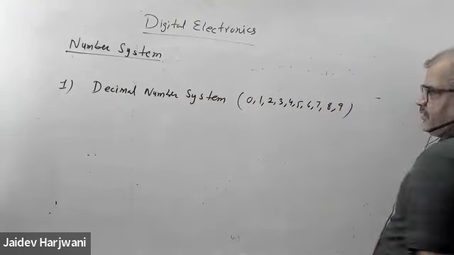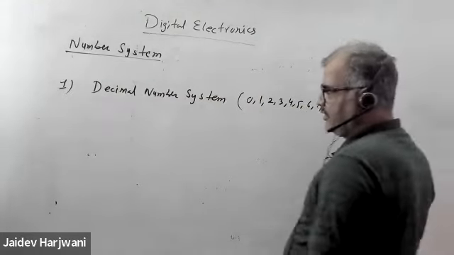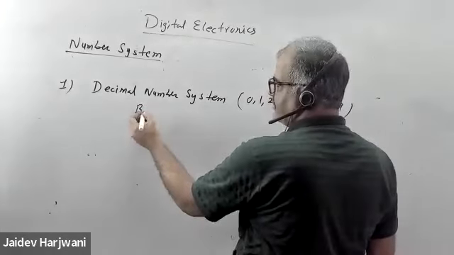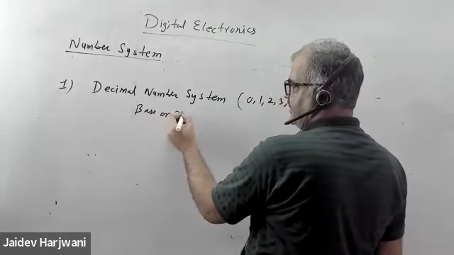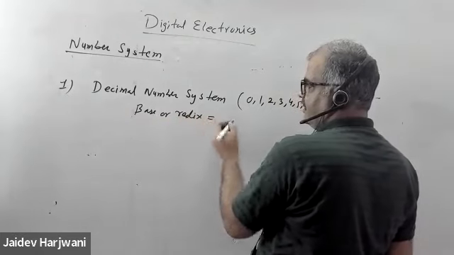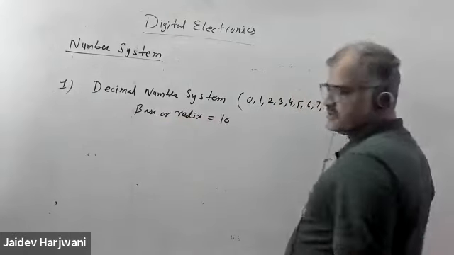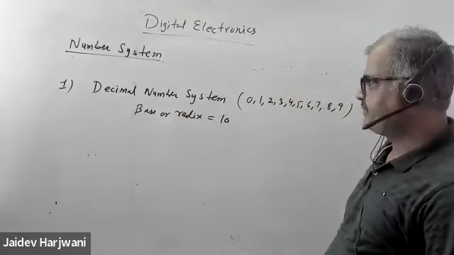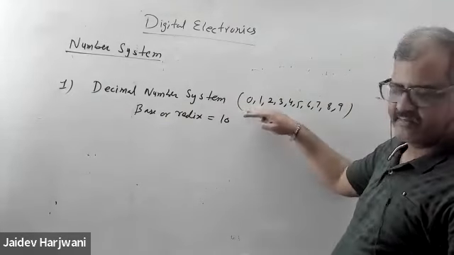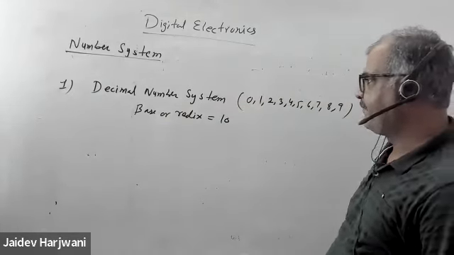It is also called the base 10 number system. Base or radix is equal to 10. The base of this number system is 10.